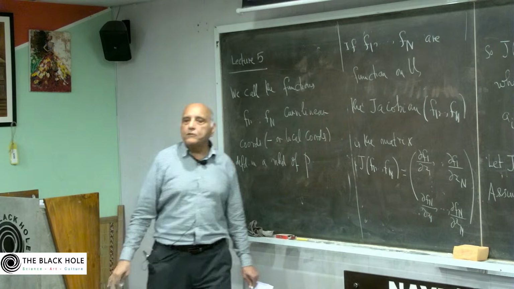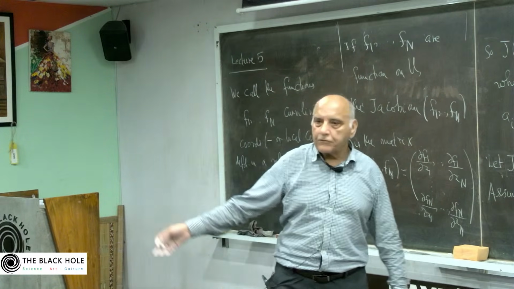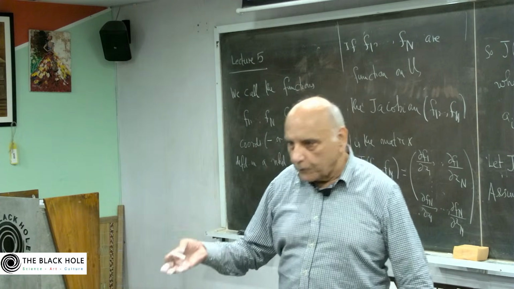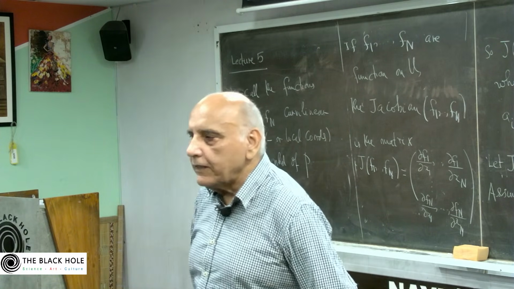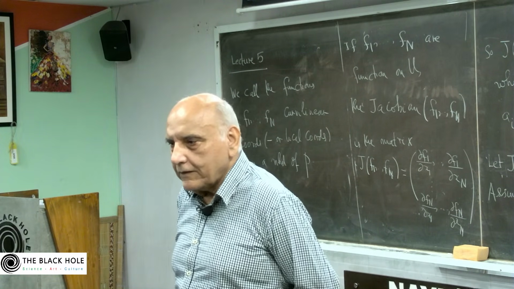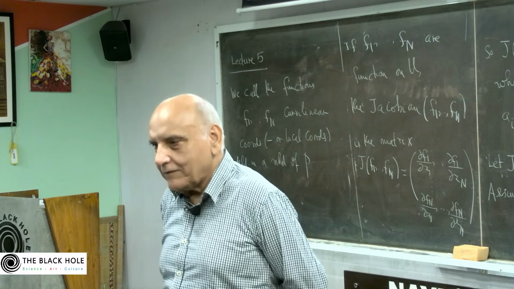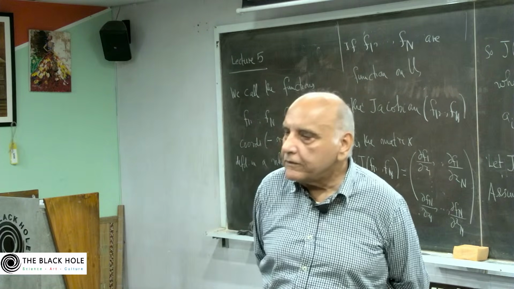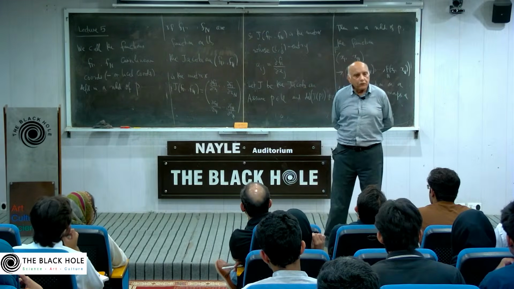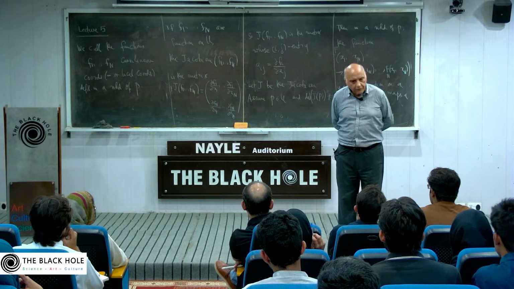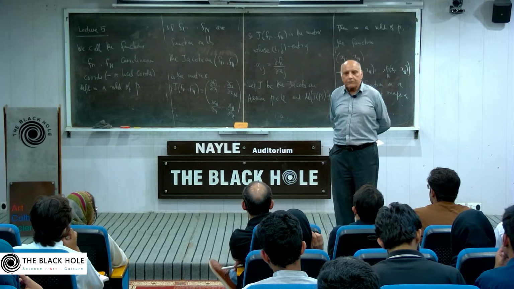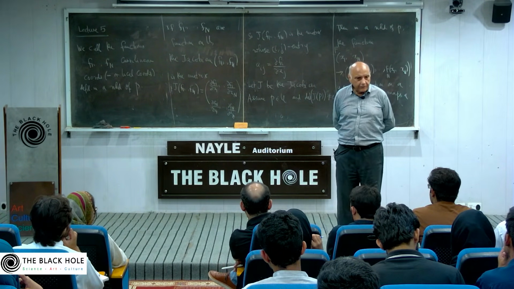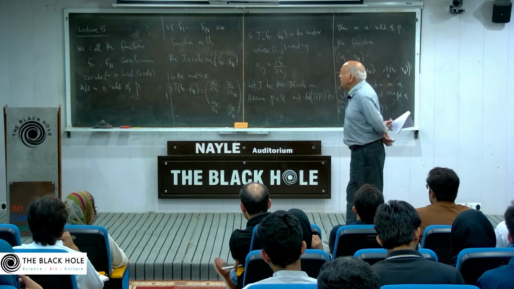So what examples do you know already from Parvez's course? Polar coordinates, and you have the spherical coordinates. So they can be any functions whose Jacobian is not 0 somewhere, and in that neighborhood they can be used as coordinates.